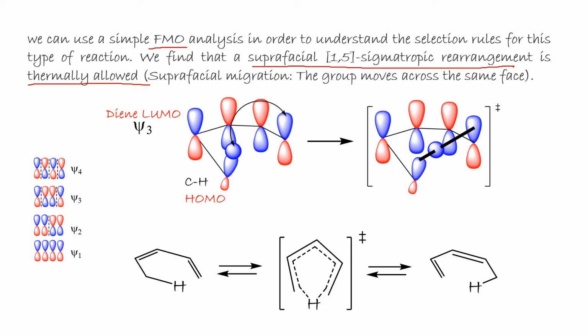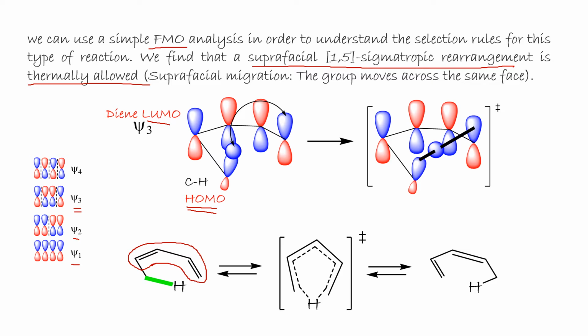Let's consider the carbon-hydrogen sigma bond here as a HOMO. It will interact with the rest of the diene system here, which has 4 molecular orbitals, psi 1, psi 2, psi 3, where psi 3 is the LUMO for the diene.